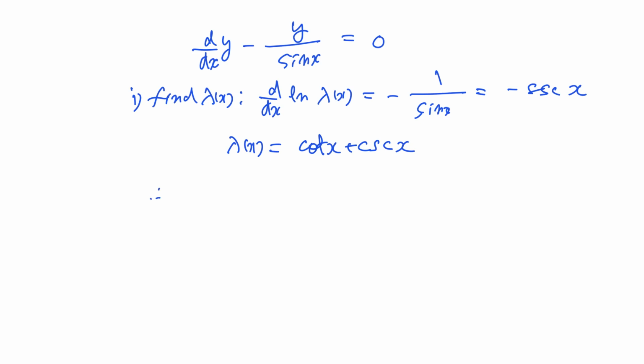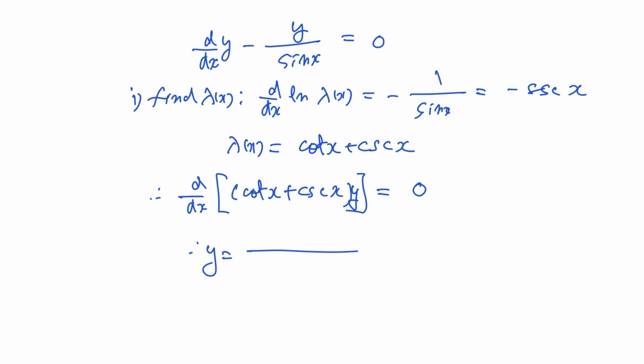So d/dx of cotangent x plus csc x times y is 0. So y is actually cotangent x plus csc x over c, right?